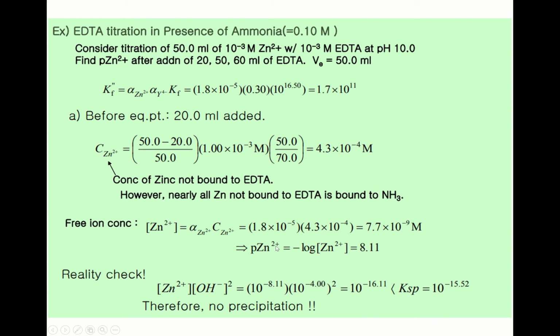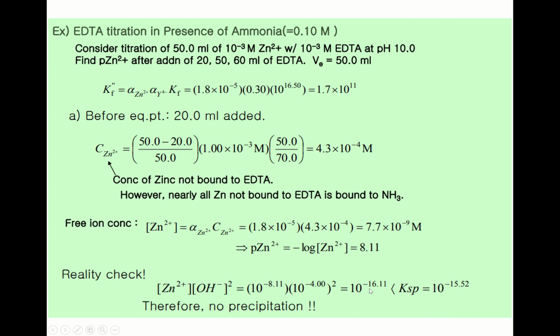Now let's have the reality check. Without ammonia, at pH 7, zinc ion makes complex with hydroxide ion. In this calculation, zinc ion multiplied by hydroxide ion squared is 10 to minus 16.11.